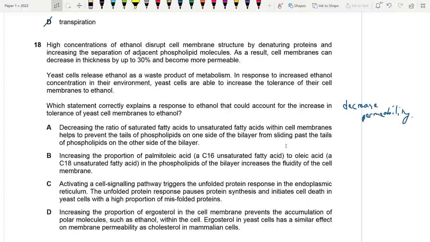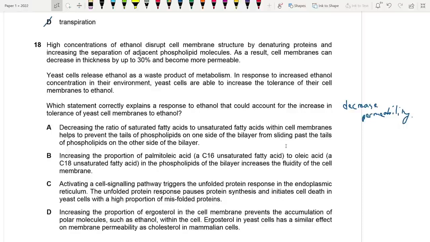The length of fatty acid tails: shorter fatty acid tails are less likely to interact, which makes the membrane more fluid. So the longer the fatty acid chain, the less fluid it becomes. And the presence of unsaturated fatty acids: the more unsaturated fatty acid chains there are, the more fluid our cell becomes.